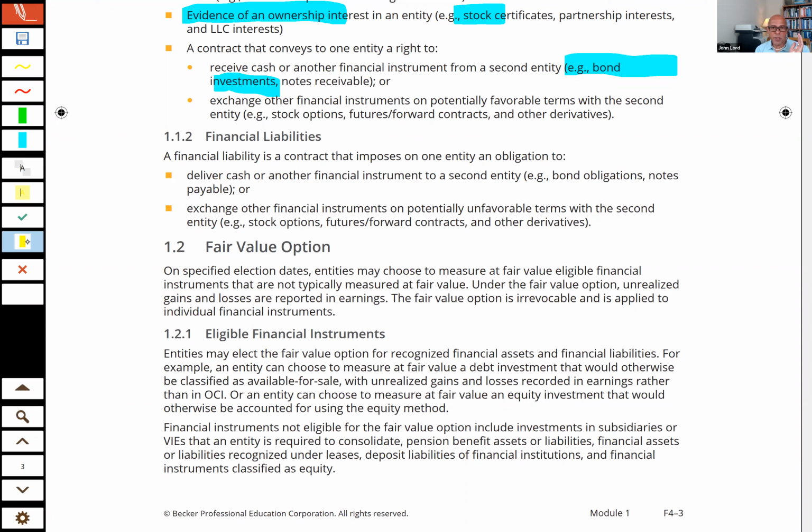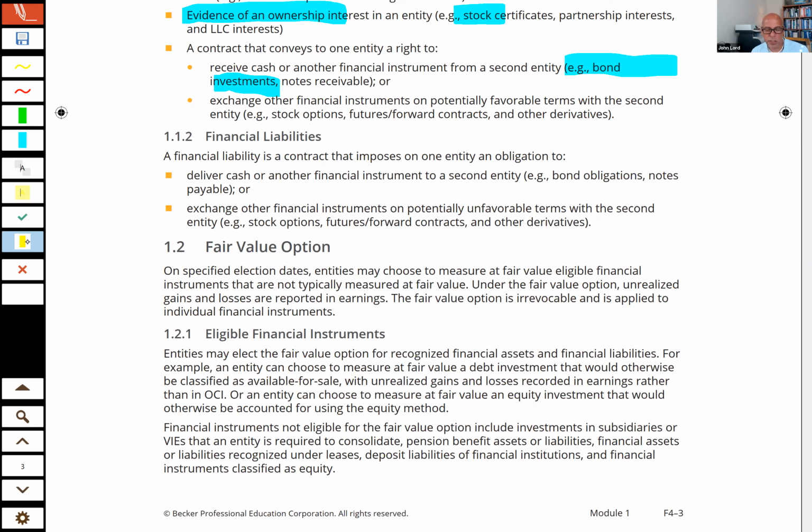If you do have unrealized holding gains and losses in the available for sale category, those are part of comprehensive income. And it only goes into net income if it's a trading security. That's for our bonds. For our stocks, we treat those as trading security equivalent.